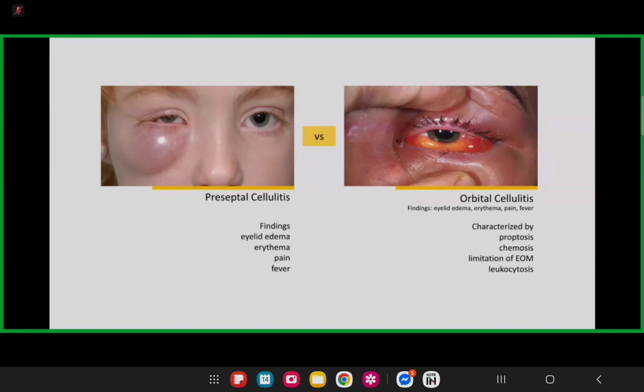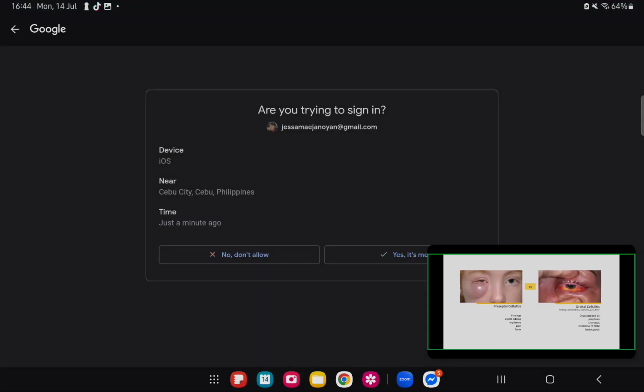Patients would often present with proptosis, chemosis, swelling of the conjunctiva, limitation of eye movements, and on CBC, you would see leukocytosis. Basically, preseptal cellulitis can be an initial stage of orbital cellulitis.